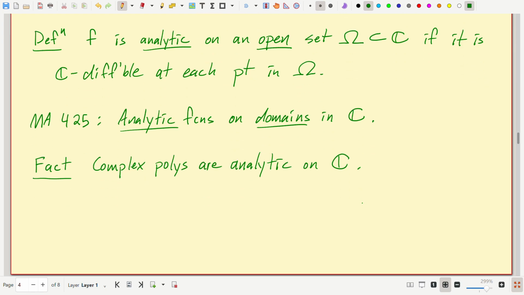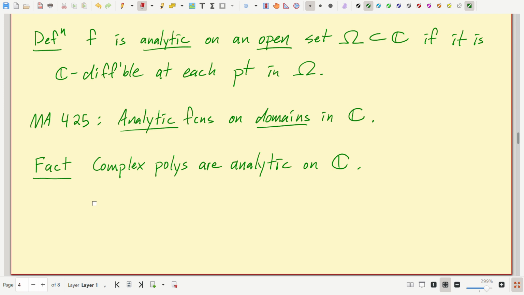Rational functions are analytic where their denominators are not zero. Complex rational functions. Okay, that's an easy thing to check.